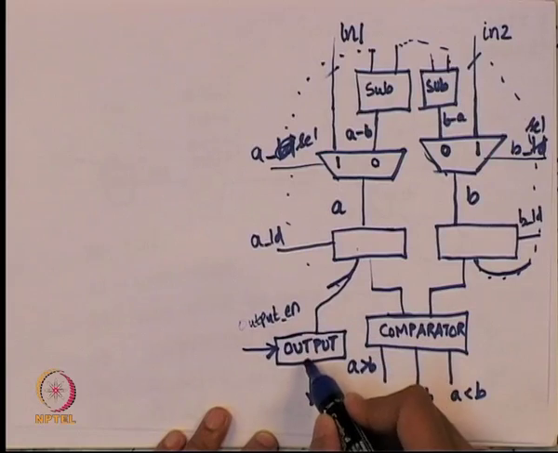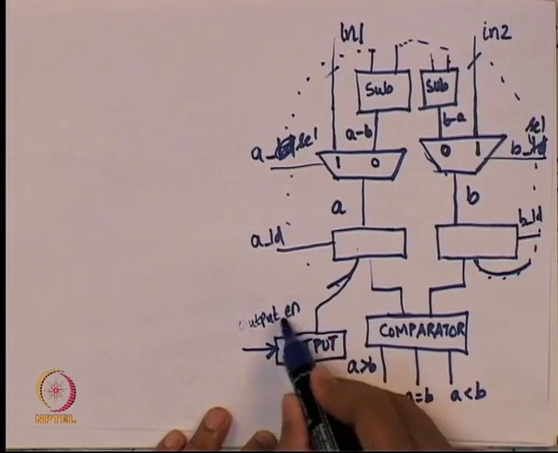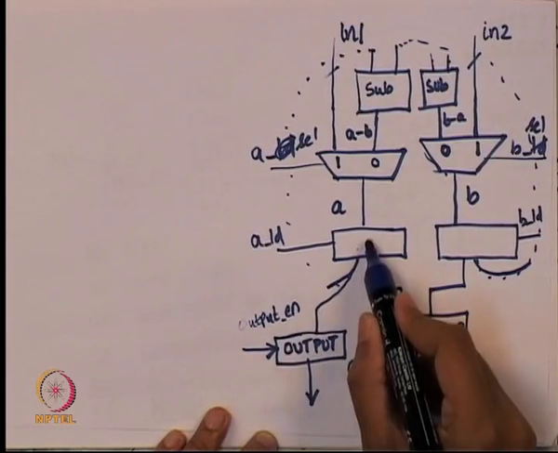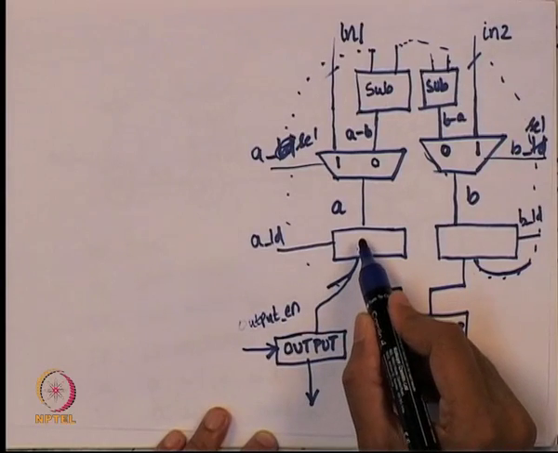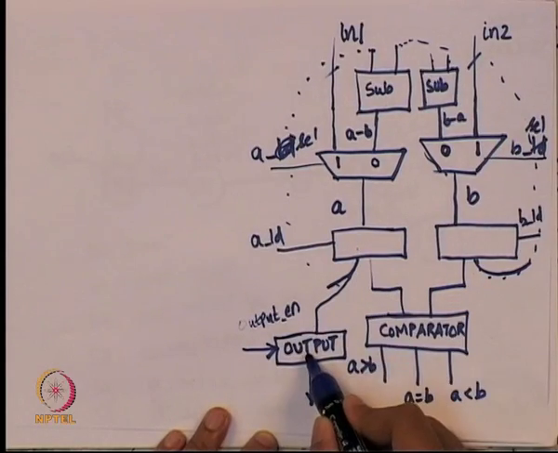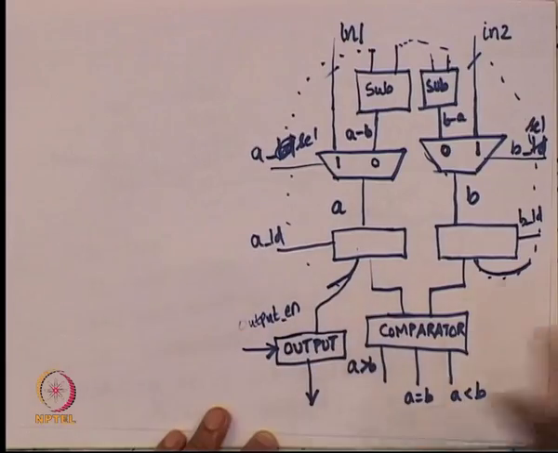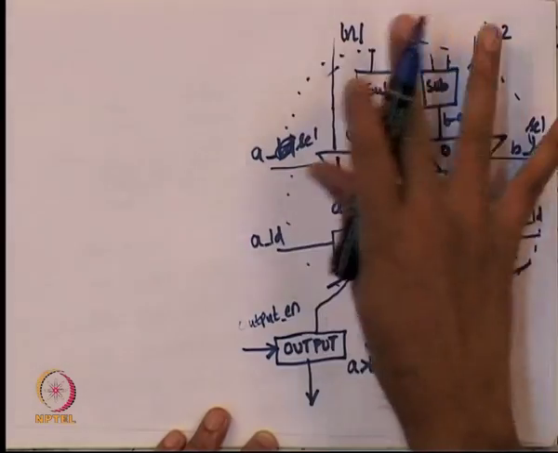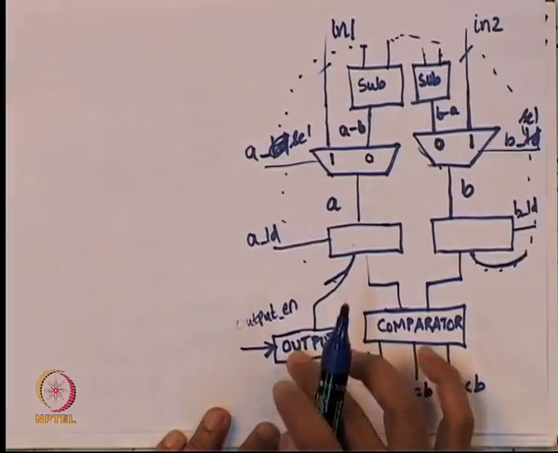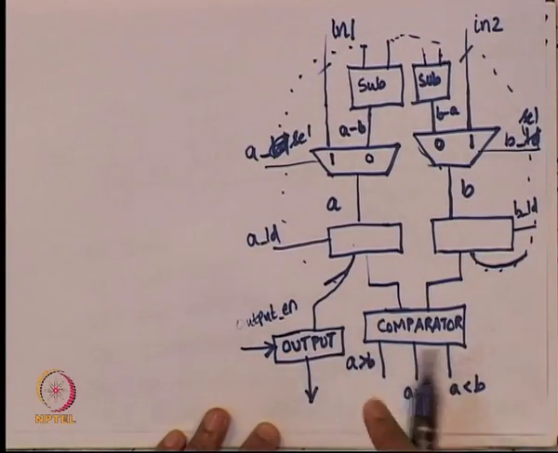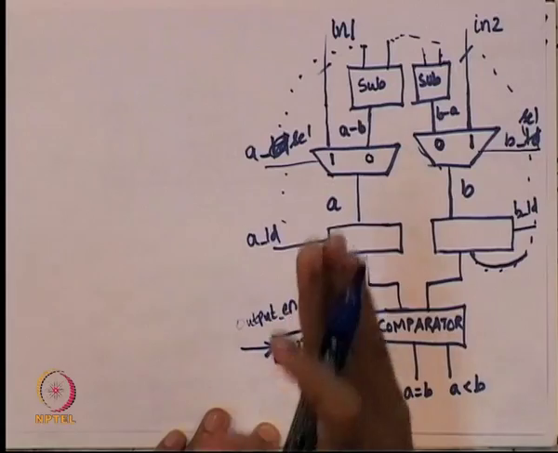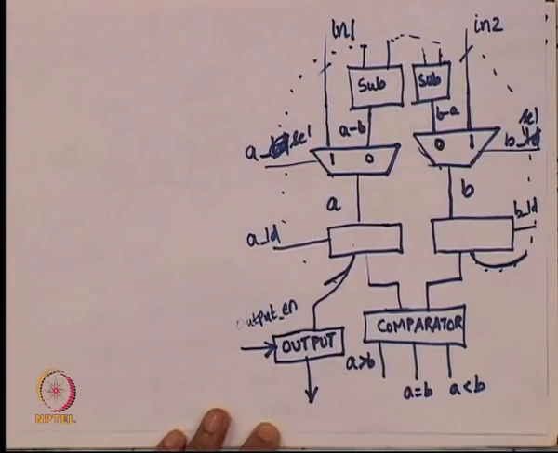So, we turn on output enable, and we copy the value of register A into this output register. This will remain at the output even when the input changes. It will change only when the next result is available. So, this gives enormous time for the external world to copy the output.